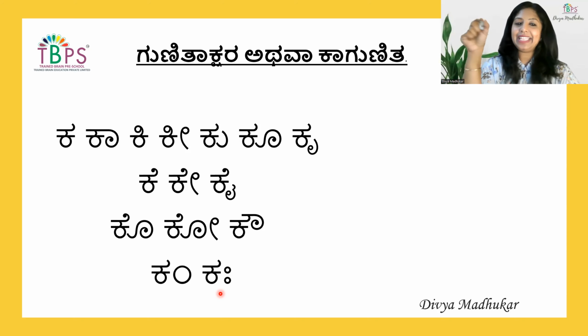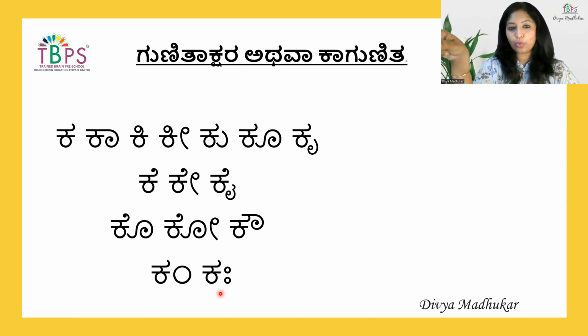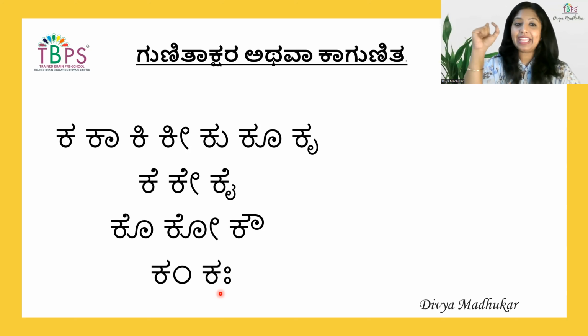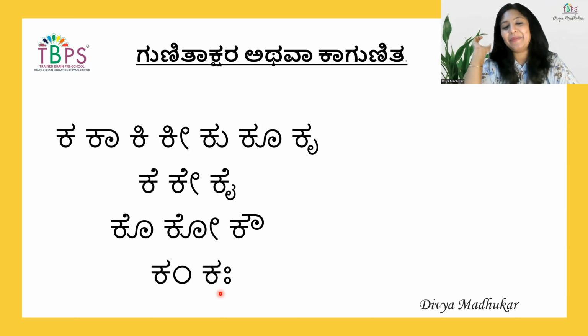La, Laa, Li, Lii, Lu, Luu, Le, Lee, Lai, Lo, Loo, Lau, Lam, Laha. Now, if I give them Ra: Ra, Raa, Ri, Rii, Ru, Ruu, Rru, Re, Ree, Rai, Ro, Roo, Rau, Ram, Raha.